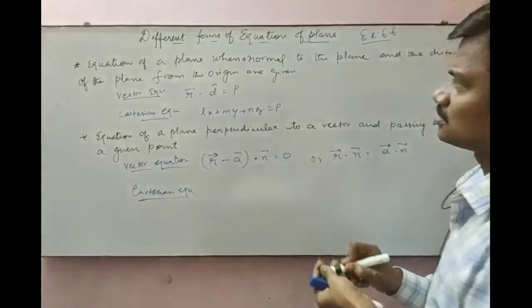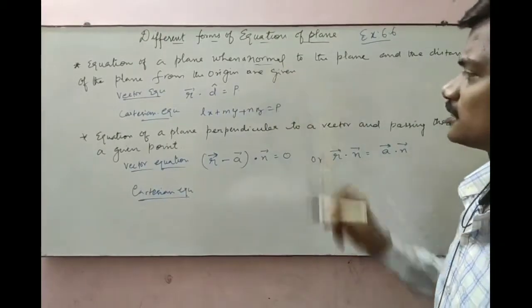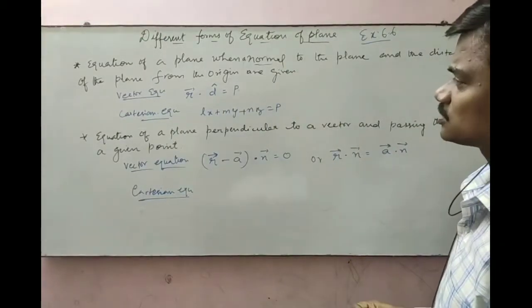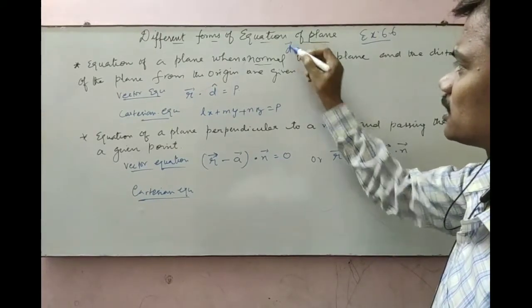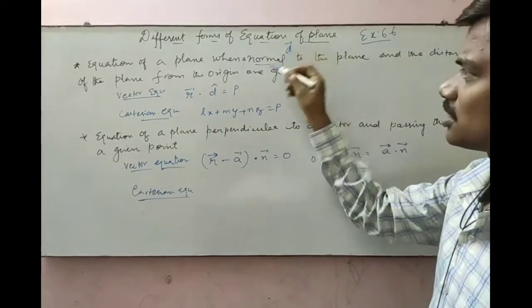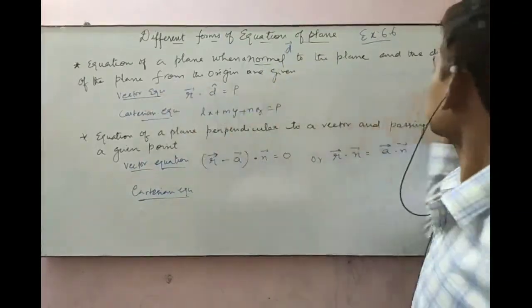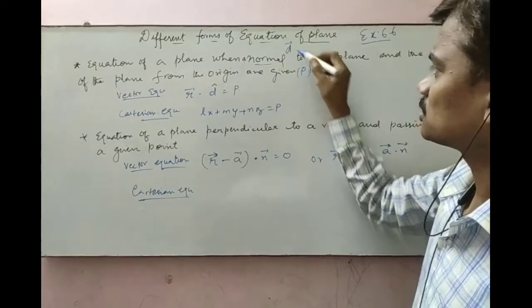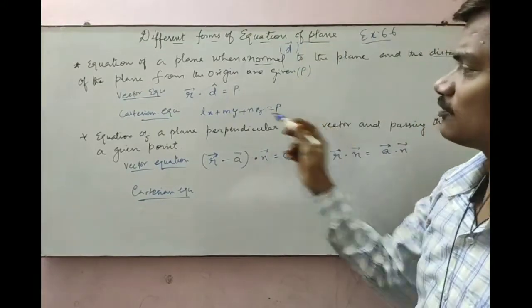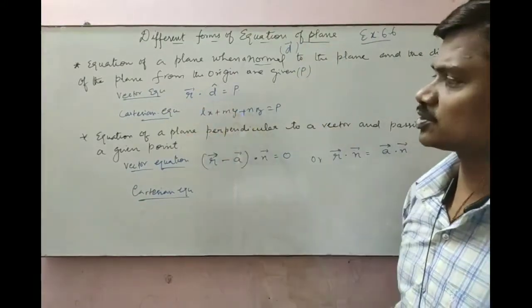That means normal means a straight line, that should be taken as d vector. Normal அப்படின்றது ஒரு வெக்டார், d vector அதை எடுத்துக்கிறீங்க, that is a normal vector, and the distance from the plane to the origin, that should be taken as p. So இது ரெண்டும் கொடுத்திருப்பாங்க. Then the formula for that is r dot d cap is equal to p.